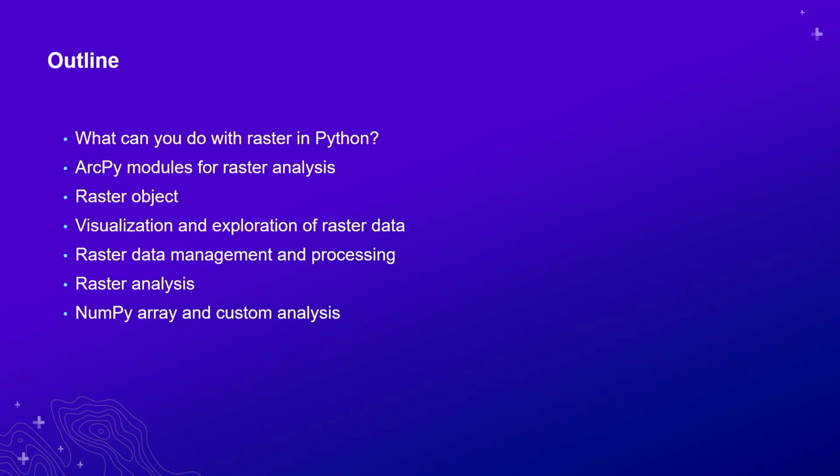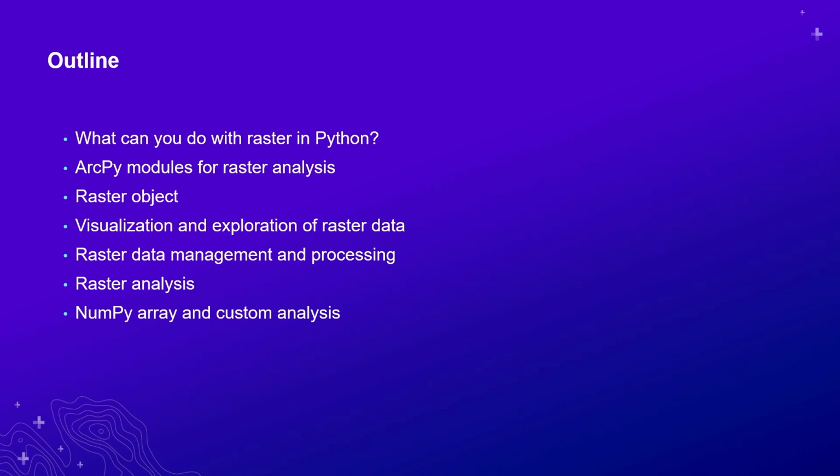So today we're going to talk about what you can do with raster in Python. After that, we're going to talk about what modules you have available in ArcPy to do that job, and then the centerpiece of all of this is Raster Objects. We'll talk about that.